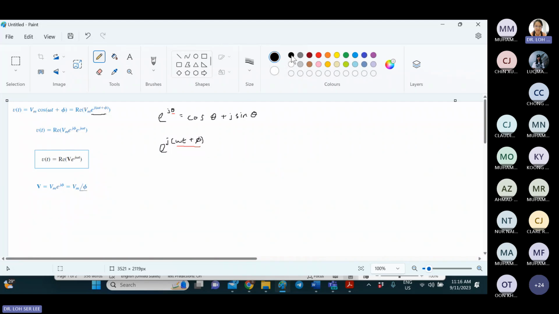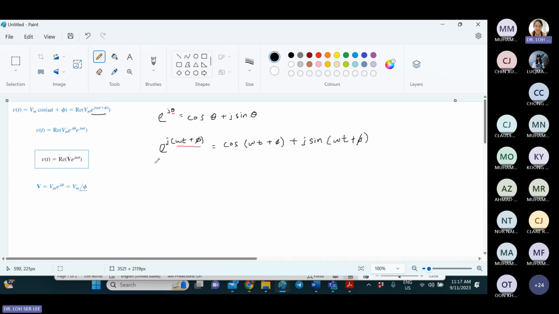So what I get will be cos, no longer theta, I use the new angle ωt plus phi, plus j sin(ωt plus phi). At this moment, we just change theta into a new angle.